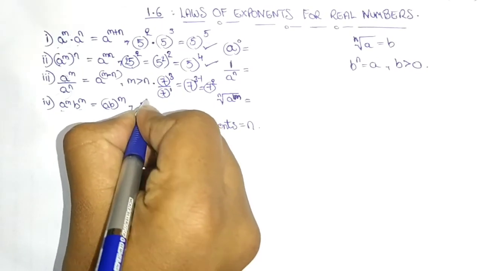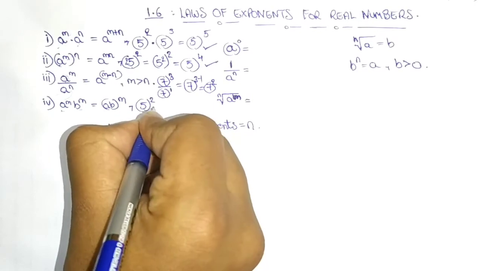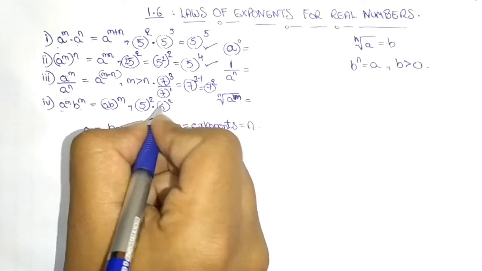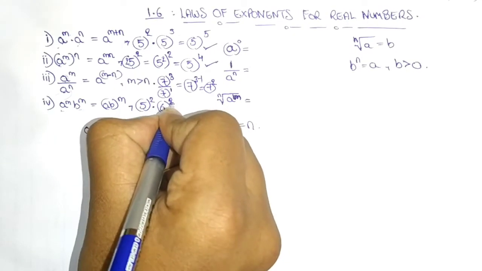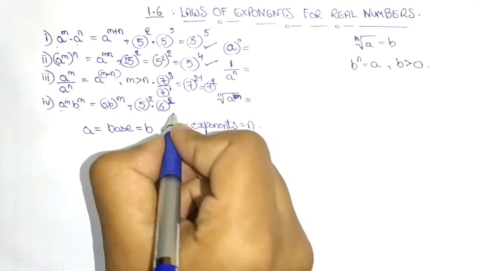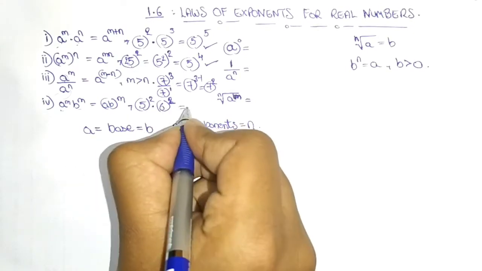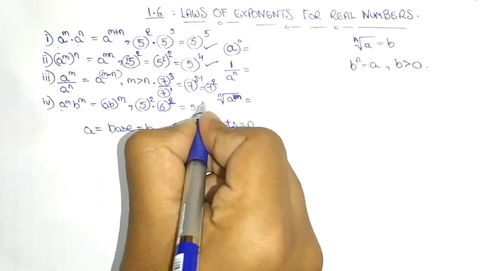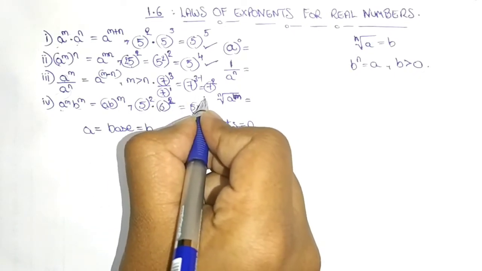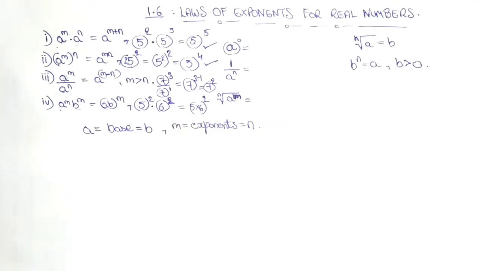Showing this, 5 power 2 multiplied by 6 power 2. Exponents are same, but the bases are different. You can write this as (5 into 6) power 2. The exponent should not be written as 4; you should write it as 2. The exponent remains the same.